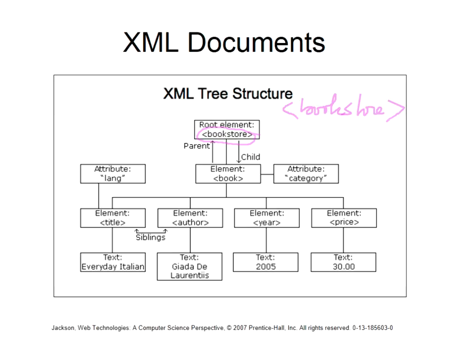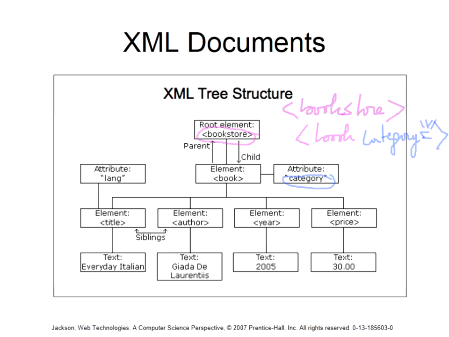So what is the root of this XML document? What is the root? Bookstore. Very good, this is the root of this XML document. And how many children does this root have? Only one. Very good.